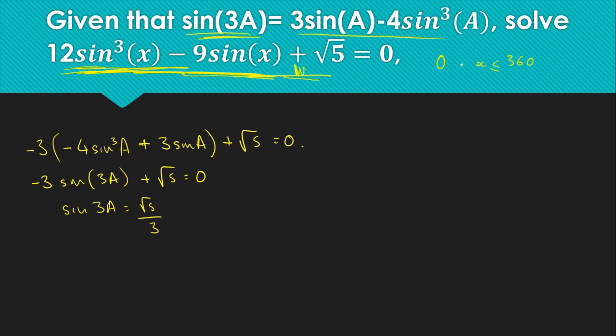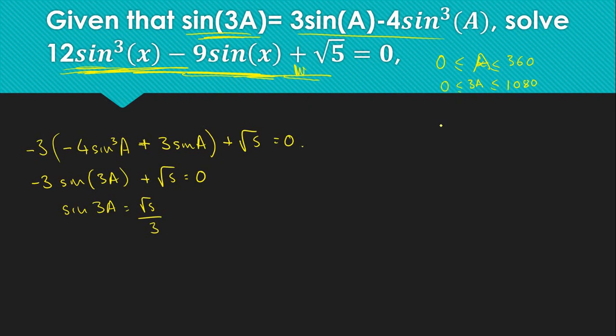I should have put some domains on the question when I made it, but I'm going to go up to that. Now, if x goes up to 360, then 3 of x, this is 3 of a I've written, would go up to 360 multiplied by 3, which is 1080.